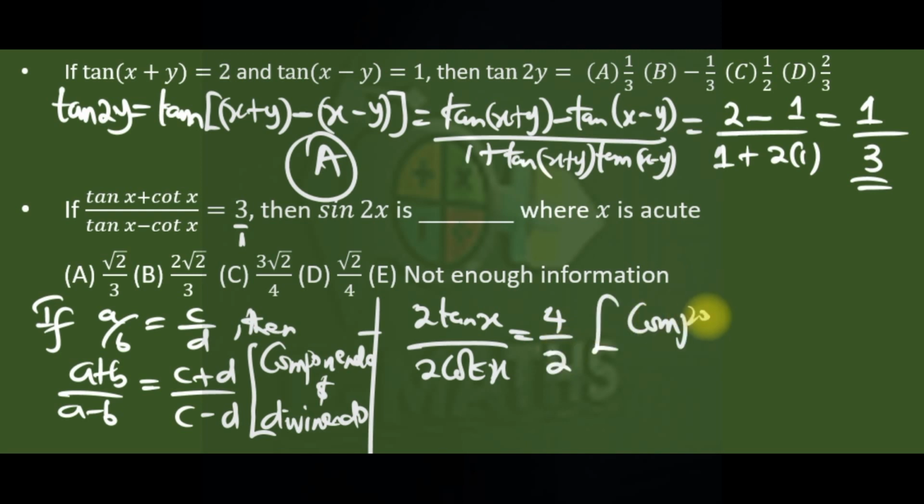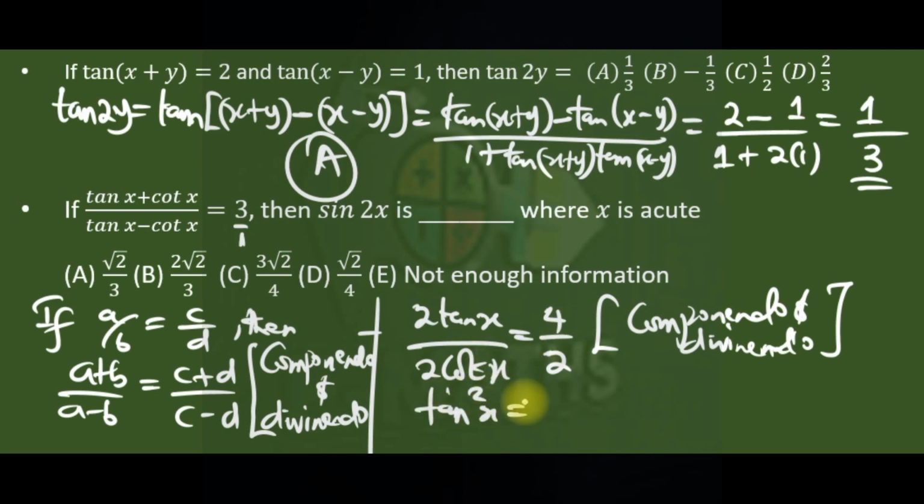By componendo and dividendo. So it's a formula in ratio. So 2 over 2. This is tan x. Cot is 1 over tan, so this is tan squared x equal to 2. Tan x over cot x is tan squared x, and 4 over 2 is 2.